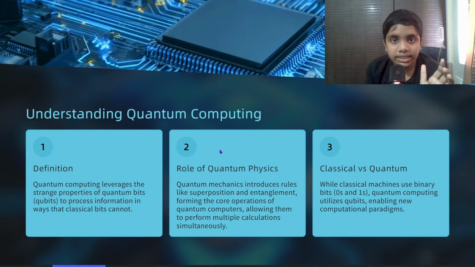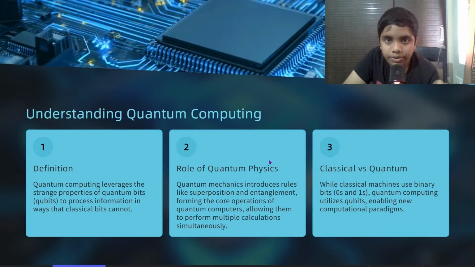So let's understand quantum computing. So the definition, quantum computing, as I already told, what is the definition? So the role of quantum physics. As I said, quantum computing uses the principles of quantum physics to work, right? So what is the role of quantum physics?